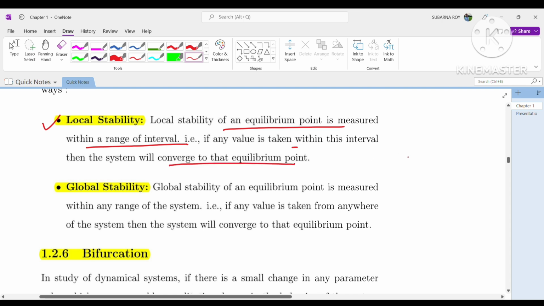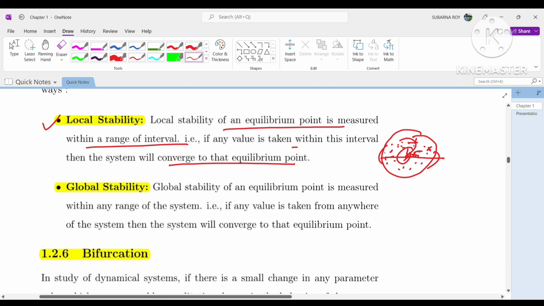So let us consider the equilibrium point E star, and we consider a range. If we choose any point starting near this equilibrium point, then the solution trajectory converges to this equilibrium point.